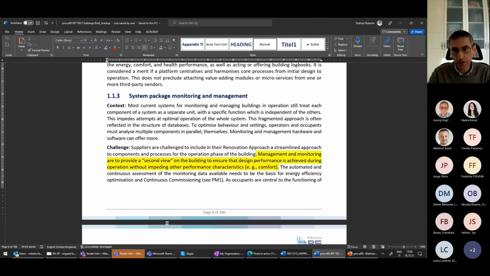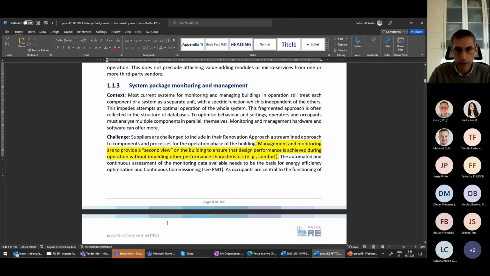Also, this aspect is most of the time disregarded, meaning that the retrofit is looking into changing components, but then the components are not managed in a proper way and not monitored in a proper way, and through the years, the performance of the systems is reducing with missing maintenance and reduced performance of the single units.